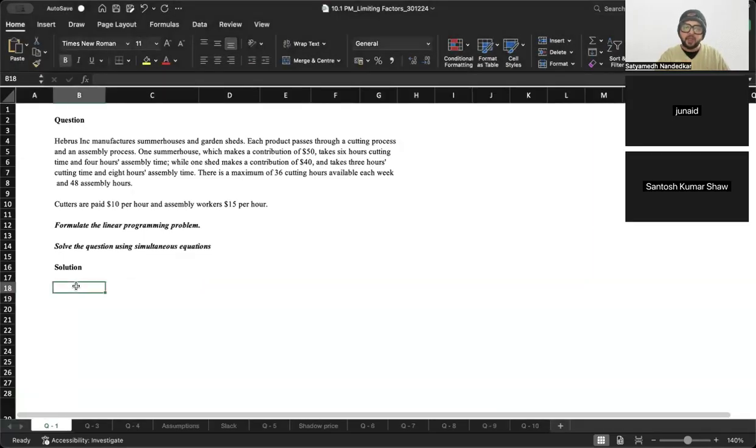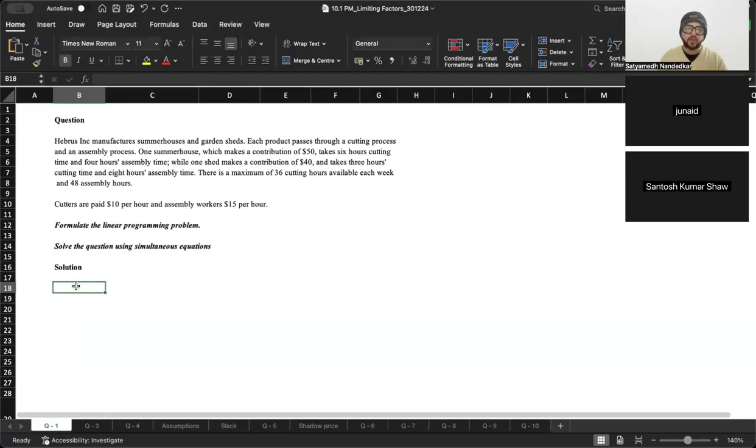Now, let's look at this question. It says formulate the linear programming problem and solve the question using simultaneous equations. Hebrews manufactures summer houses and garden sheds. Each product passes through a cutting process and an assembly process.